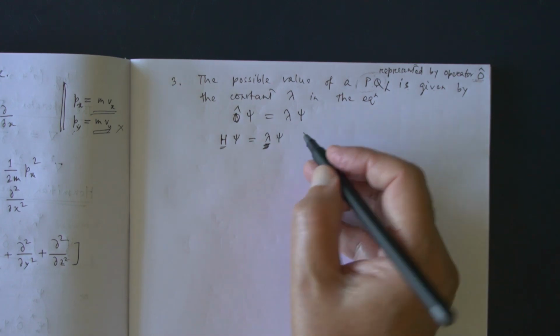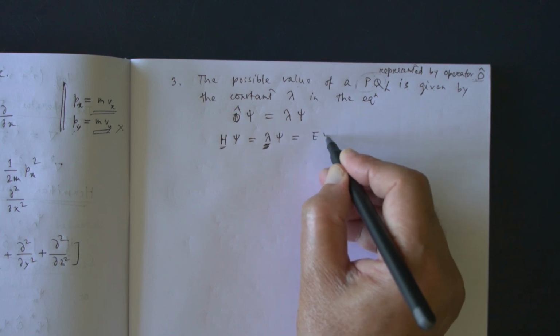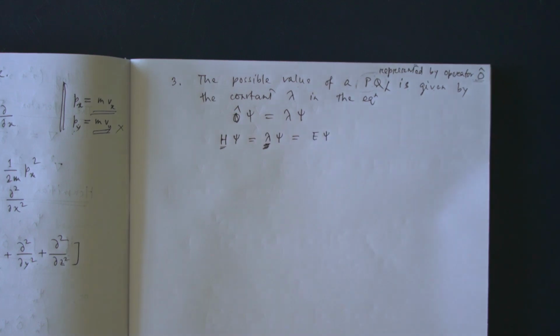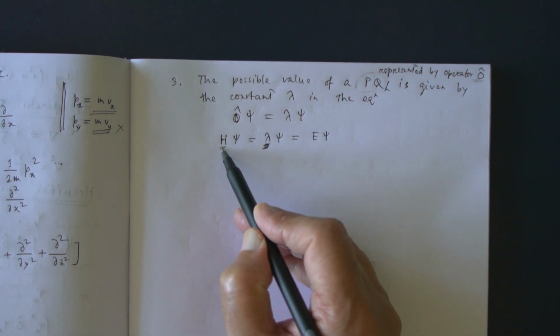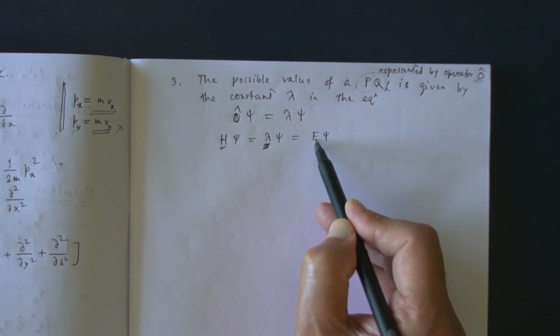We can write it like this: E psi, because the Hamiltonian operator represents total energy.